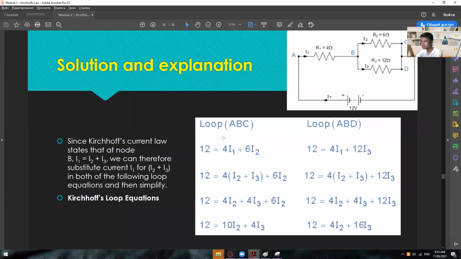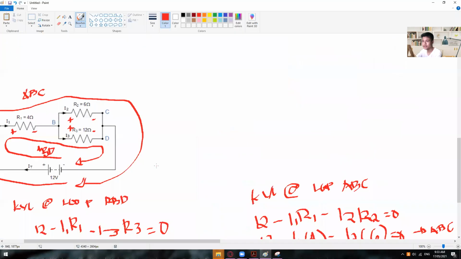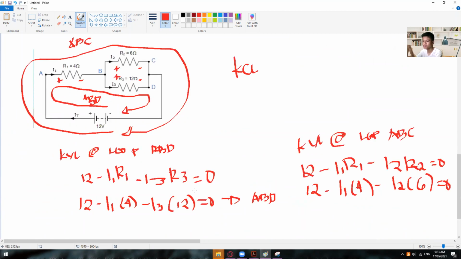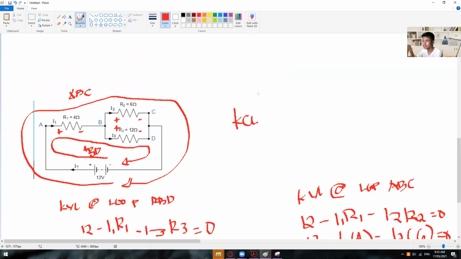Anyway, so let's see what I did in here. Since Kirchhoff's current law states, all right, we forgot the KCL. So we have to perform KCL first because that is the one that we can use to eliminate those given variables like I2 and I3. So KCL, let's see at node B.